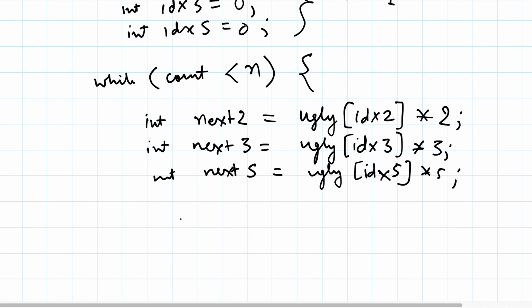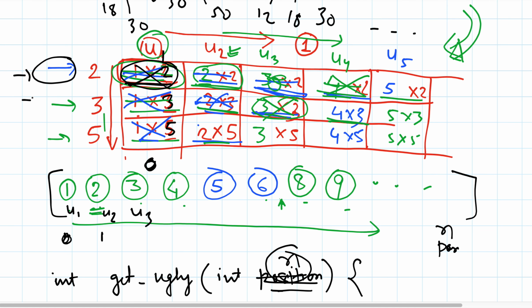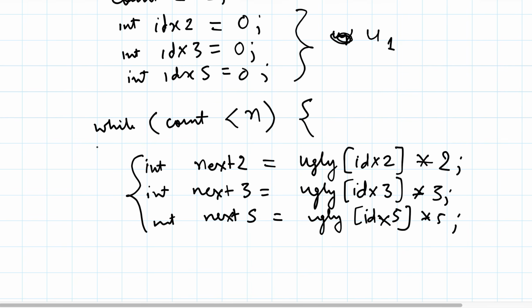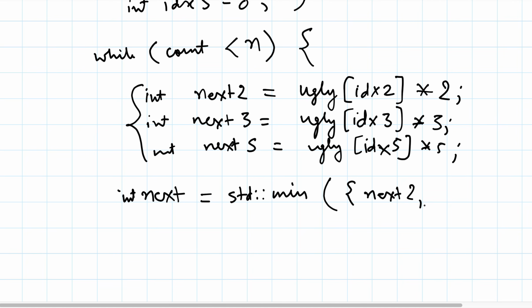So now we have to find the minimum of these. So we took one value from each row, and now we will see which is the minimum. That will be the next ugly number. So next is equal to min of next 2, next 3, next 5.